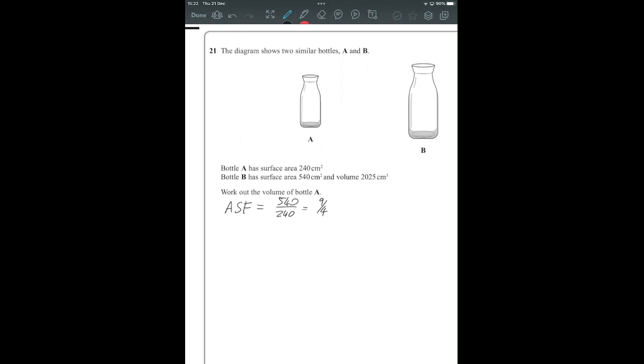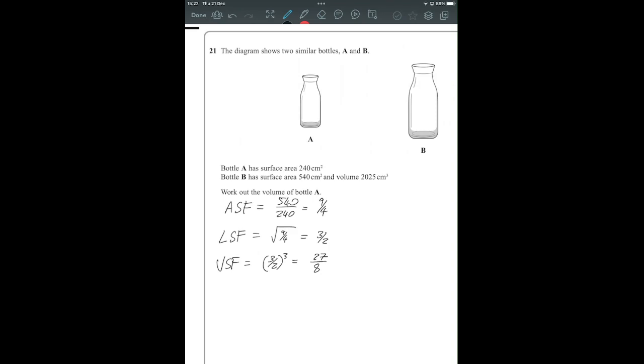I can't use 9/4 for the volumes because I need the volume scale factor. So to get there, I need to get to the length scale factor, which is the square root of the area scale factor. And then the volume scale factor is the length scale factor cubed, 27/8. Now that was our scale factor to go from the small to the big. I always use small to big for me.